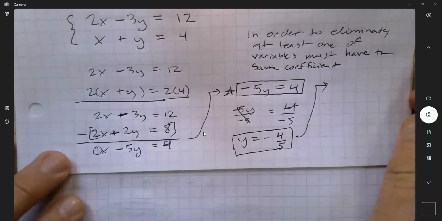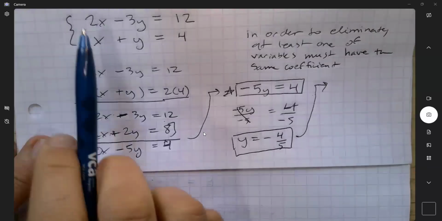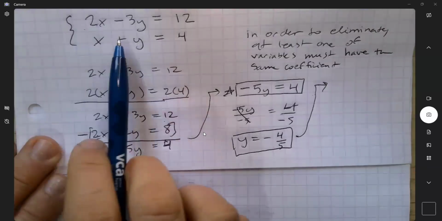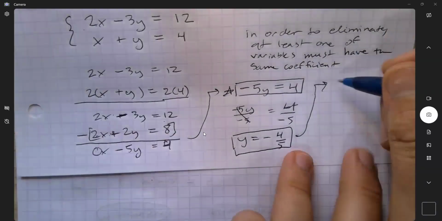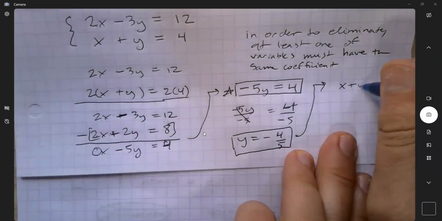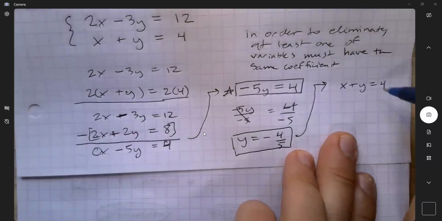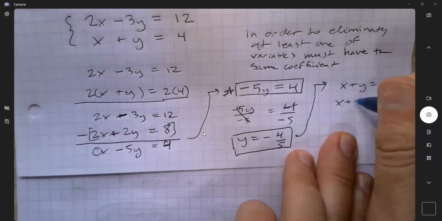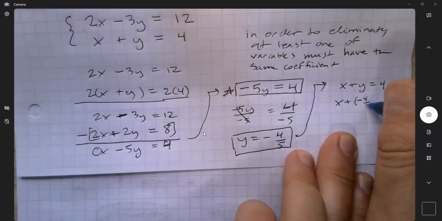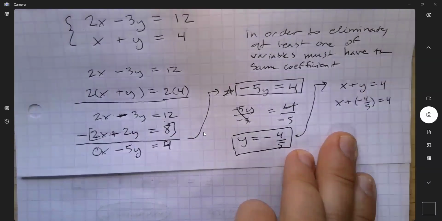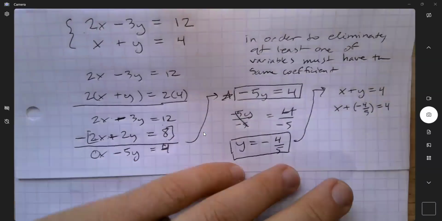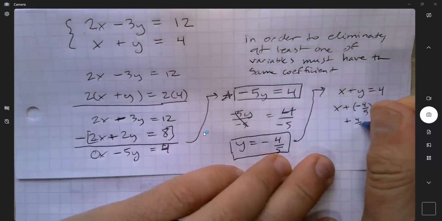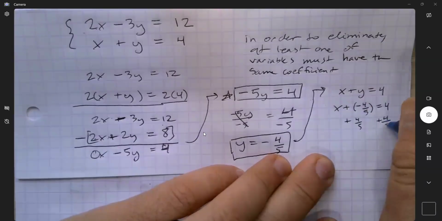And finally, I go back to any of my other equations to find out my other variable. I can take my x plus y equals 4, and I know that y is negative 4/5, so I put that in. And I'm going to add 4/5 to both sides.